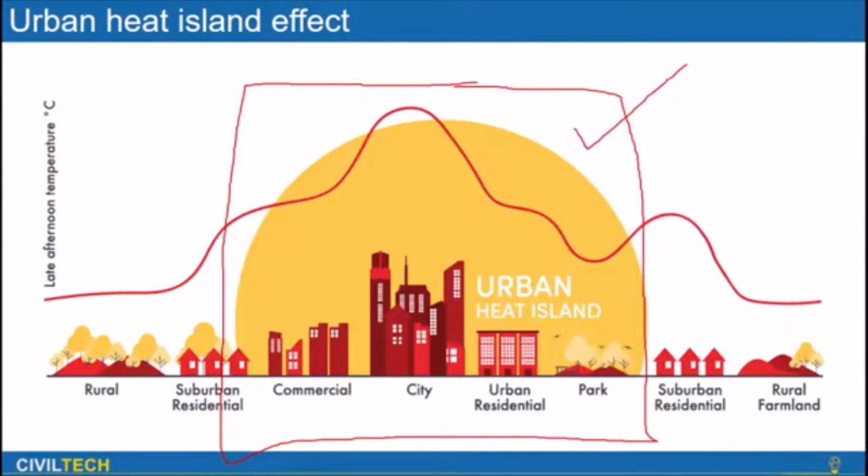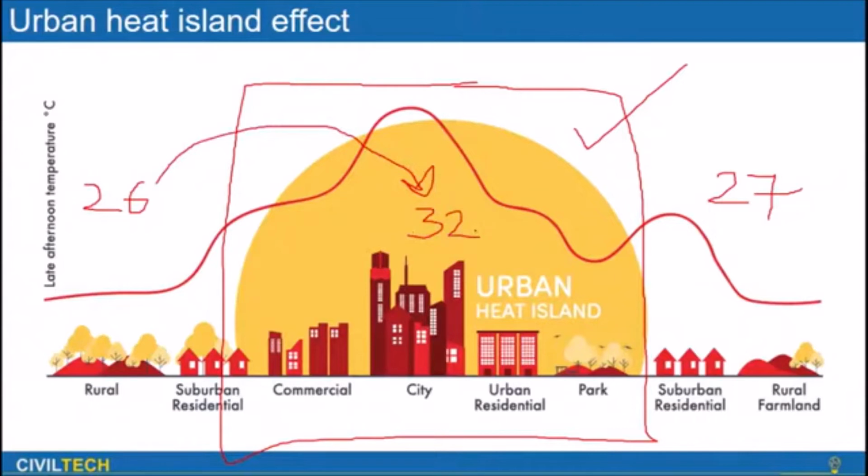If you want to know the answer to that question, you measure the temperature in the city region compared to the surrounding villages. Let us say in the village on a particular day, let us say today, the temperature is around 27, and this is also a rural area adjacent to the city, so the temperature would be around 26 or 27. But you will observe that the temperature in the city region will be around 32, 34.